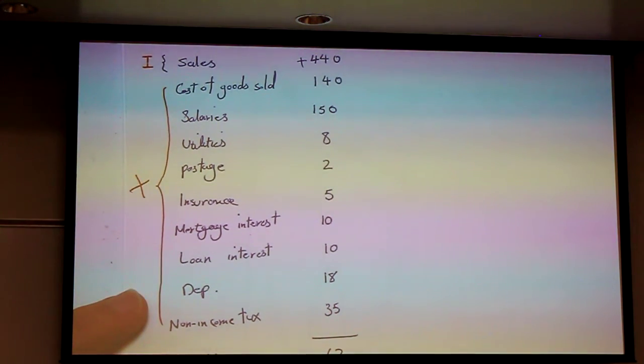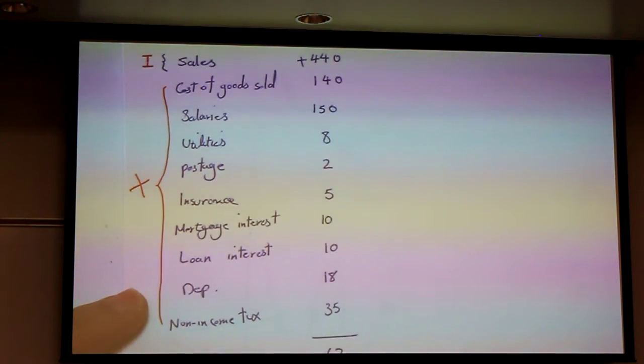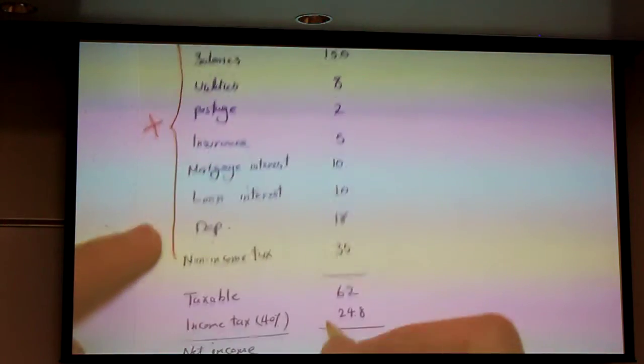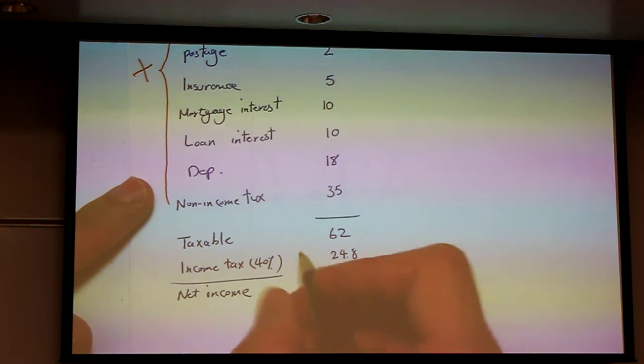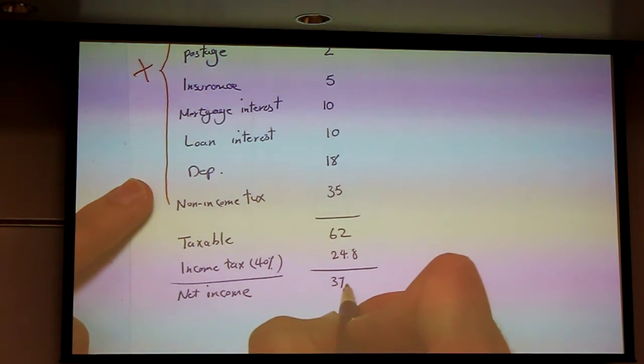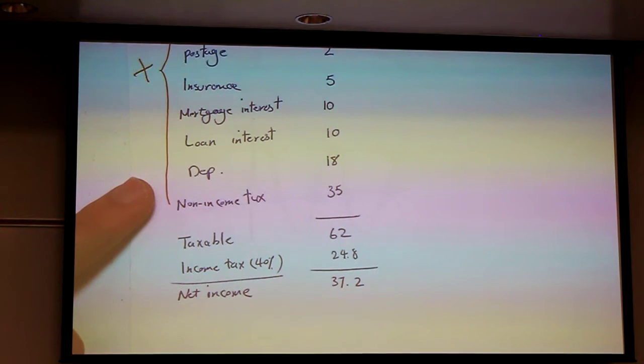So based on my income tax, 40% should be 24.8. So my net income, how much? $37.2. Am I done?